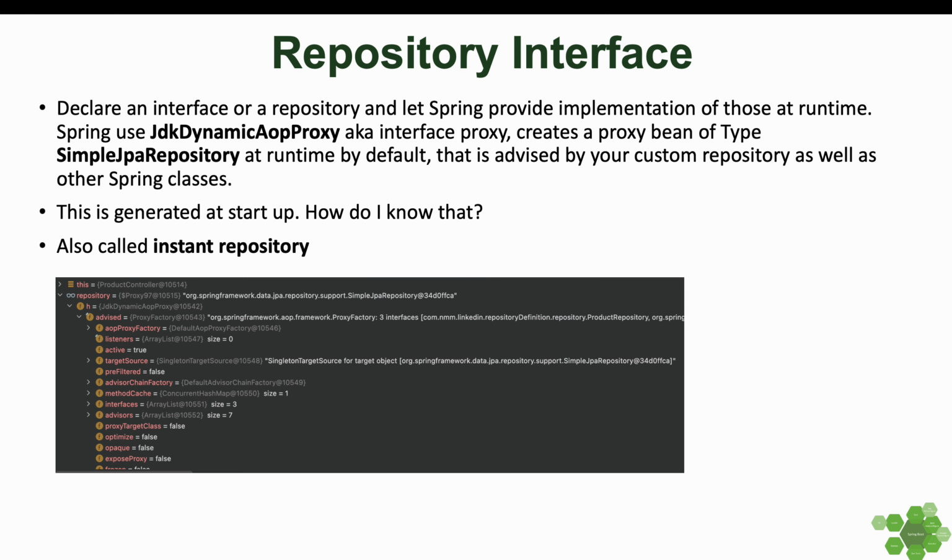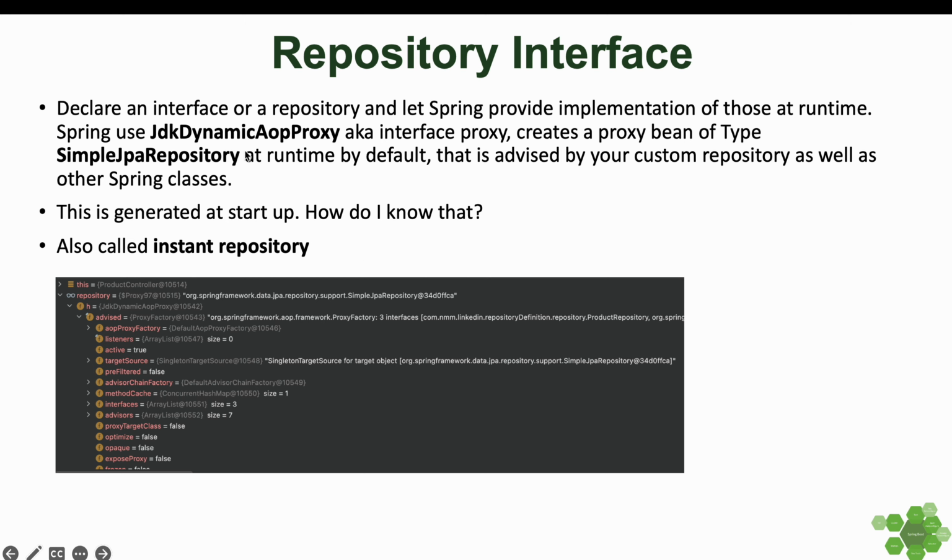Then we also, in that series, talked about CGLib-proxy, which is a class-based proxy, which Spring AOP will create if you have a class that is independent. It doesn't extend, or it doesn't implement anything.